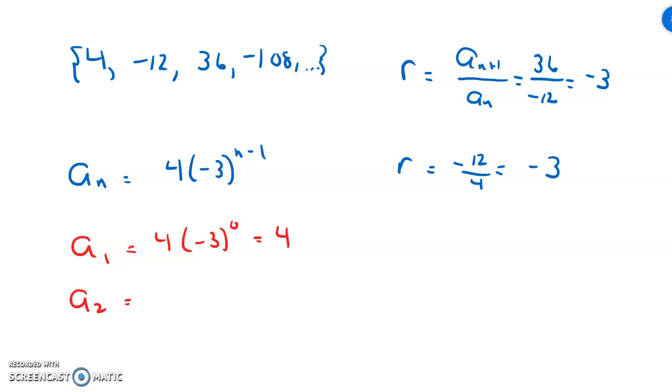The second term will then be 4 times -3 to the 2 minus 1, which is 1 power. 4 times -3 is -12. And I'll bet you if I keep going, a sub 3 is going to be 4 times -3 to the second. We're going to remember that -3 squared is +9. 9 times 4 is 36. And sure enough, my list matches up with the sequence that I was given.